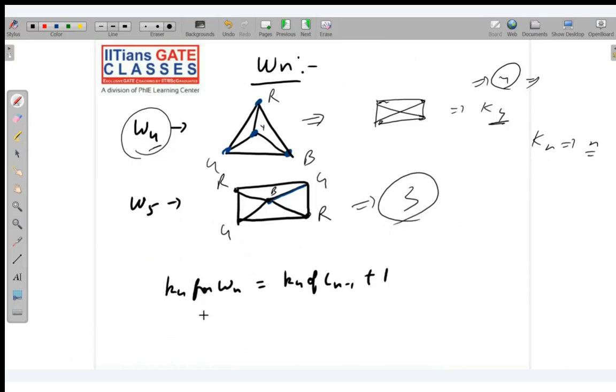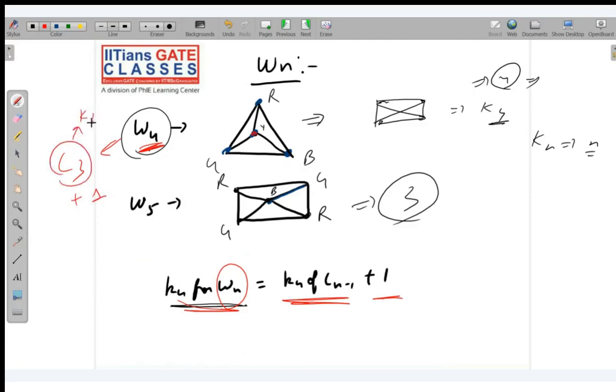So now I have written a formula just to save the time. Kg for Wn. What is Kg for Wn? It is Kg for Cn minus 1 plus 1. Why? Because for W4 you have taken C3, and then you have added 1 because this vertex will be adjacent to all the vertices. So for C3 it is nothing but your K3.